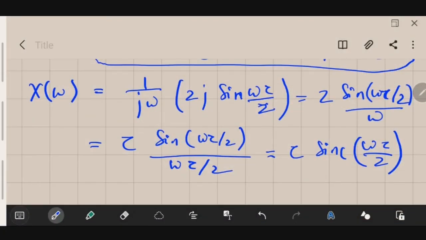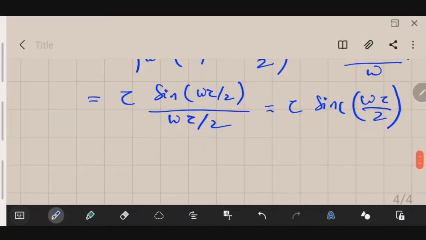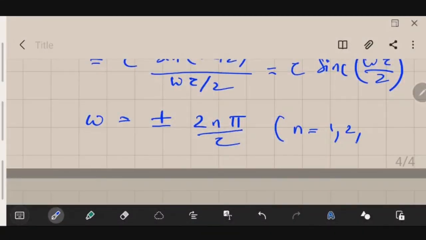Now we will be putting the value of omega here. Omega, in this case, is equal to plus minus 2n pi by tau, where n is equal to 1, 2, 3, and so on.